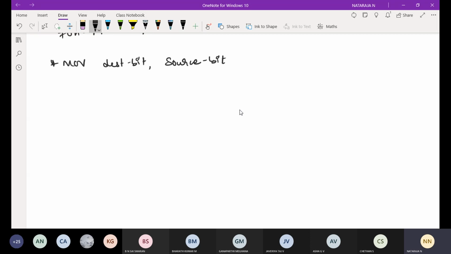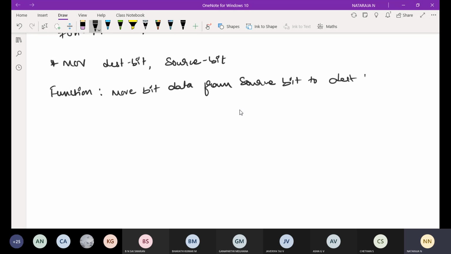Function: move bit data from source bit to destination bit.